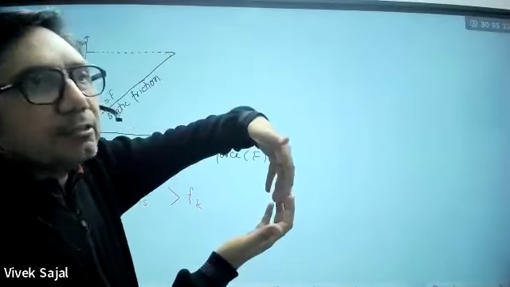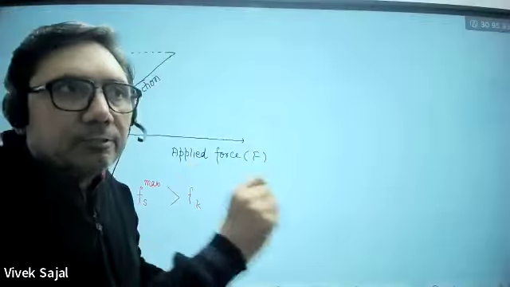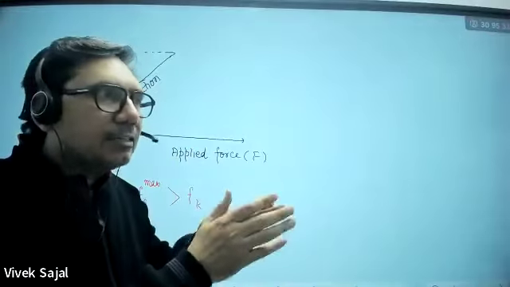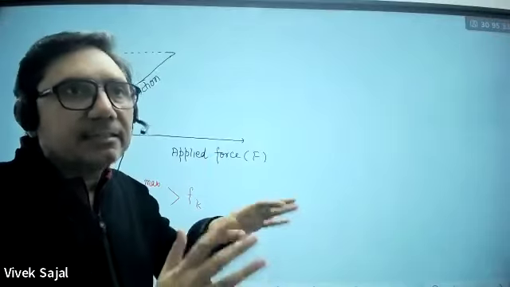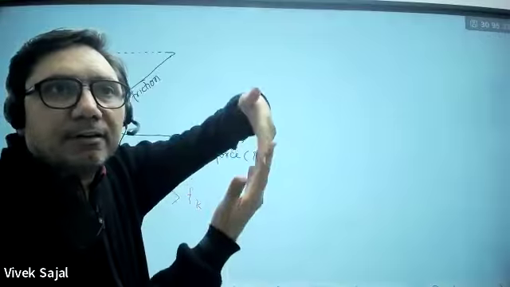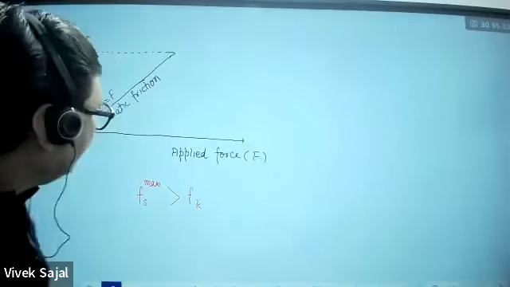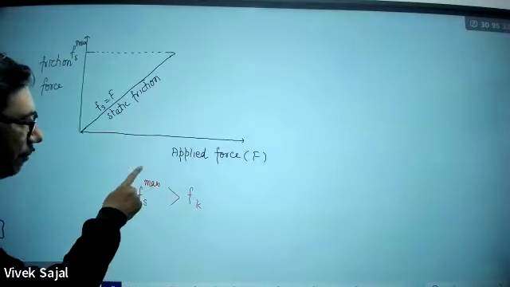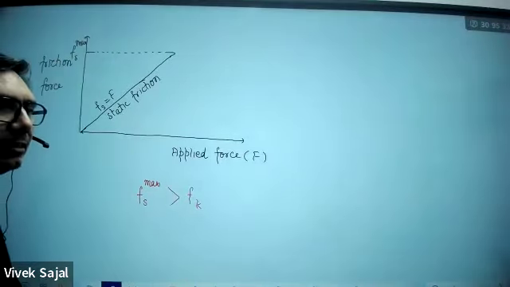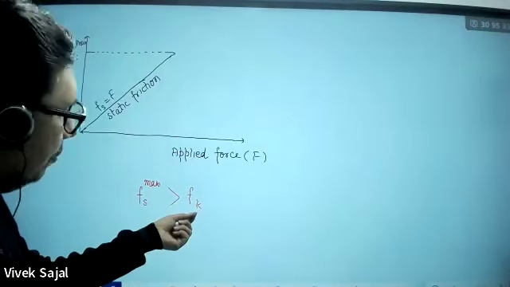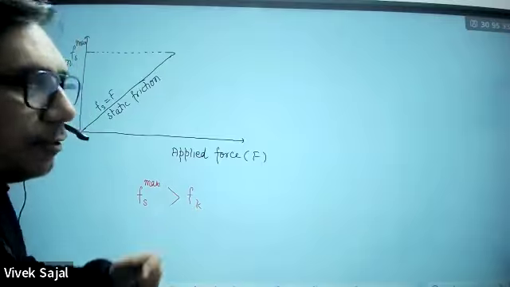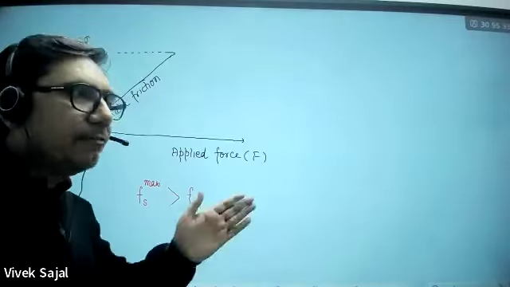So interlocking is not complete when the block is moving. That's why the opposing force will be lesser compared to the case when interlocking was complete. Interlocking is complete in case of static friction, whereas it is not so accurate in case of kinetic friction.